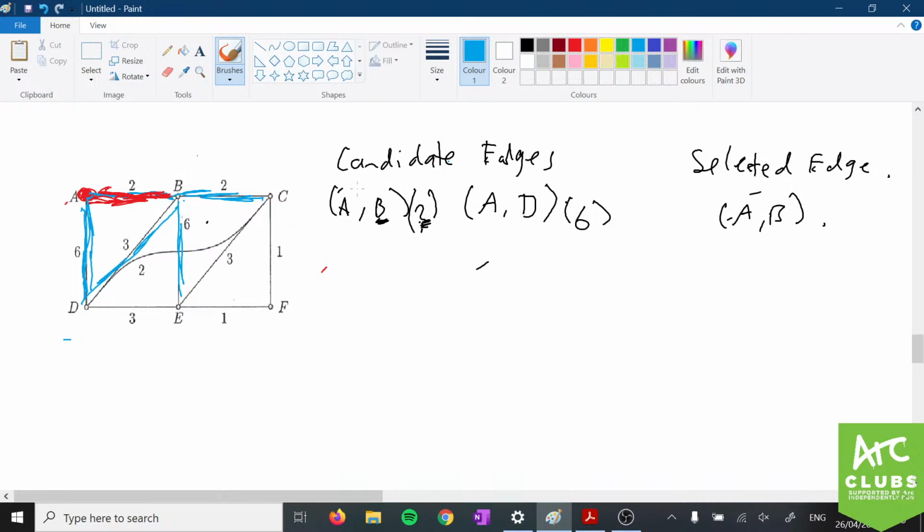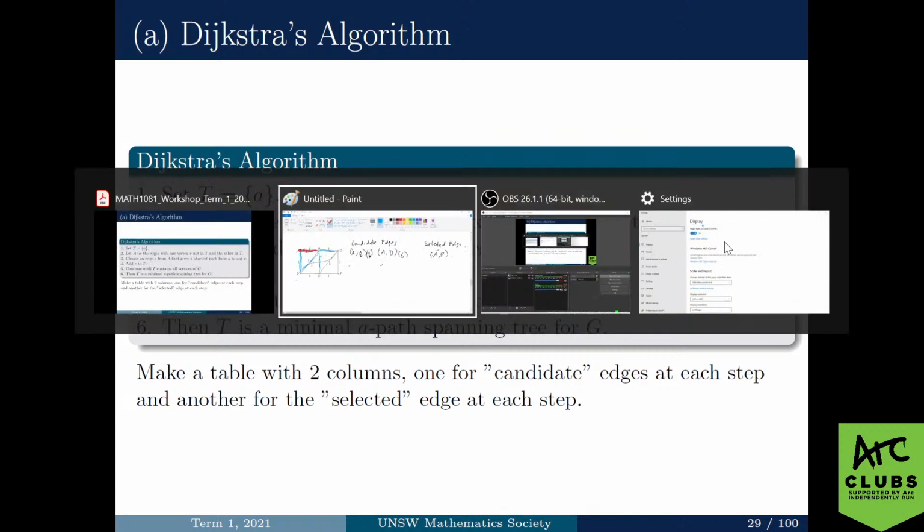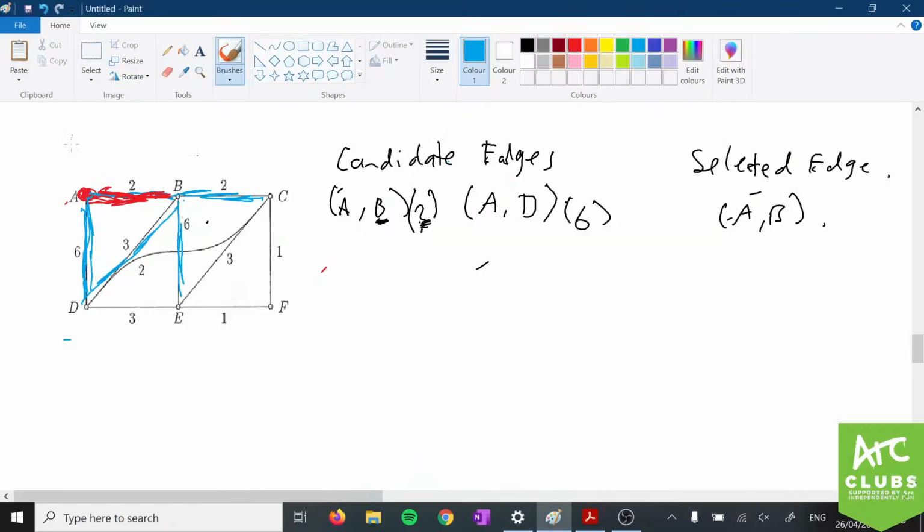That's kind of how the original algorithm stated it: let A be the edges with one vertex not in T, where T is our current spanning tree that we're working on, and the other in T. So right now, our T is the red part here, and our A is all the blue edges I just highlighted. For all of these, we do a similar thing for assigning values.